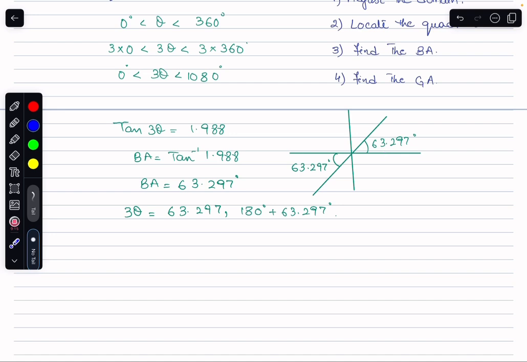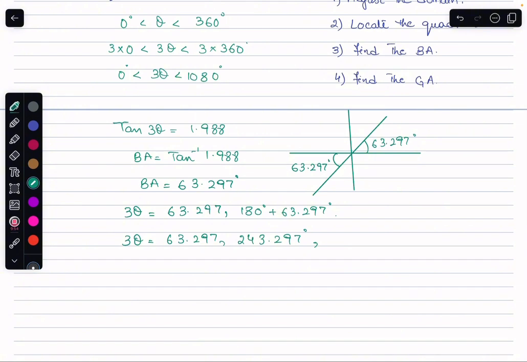So how to get these values? Now let's start working on it. 3 theta equals 63.297, and also 180 plus 63.297, which gives me 243.297. Now if we have to go up till the third rotation, then these are the two values in the first rotation: 63.297 and 243.297.